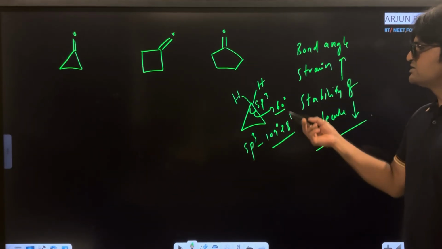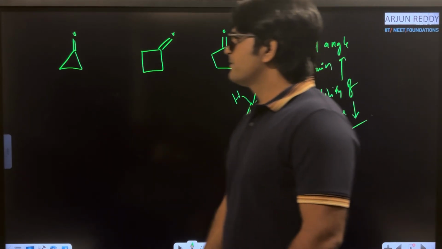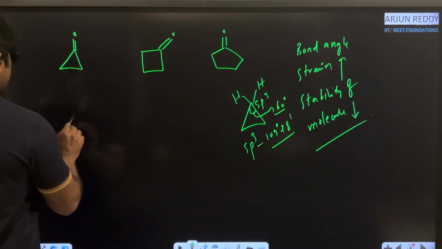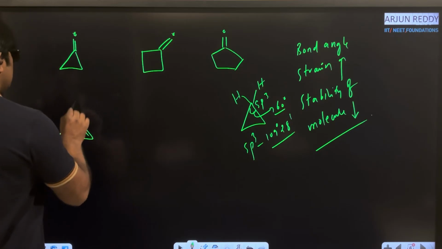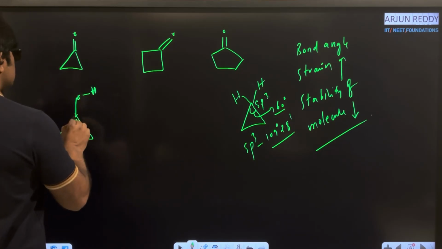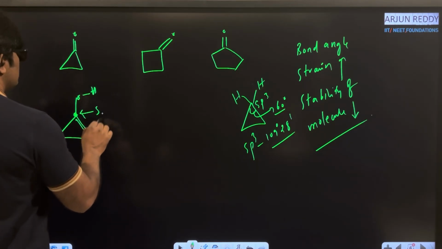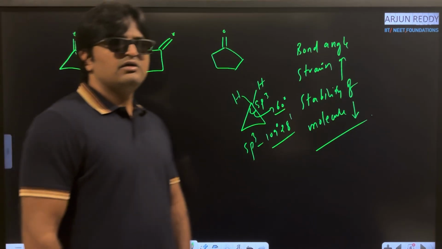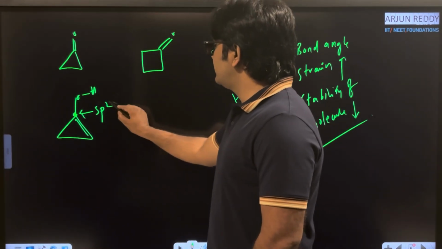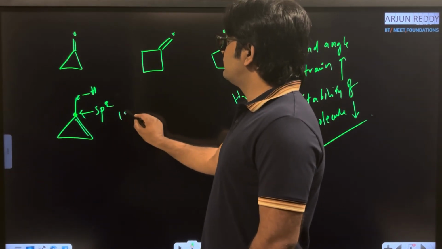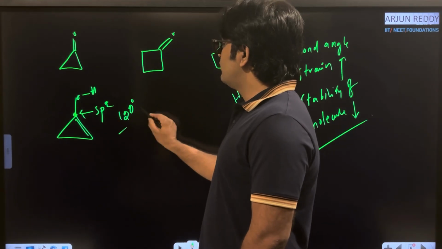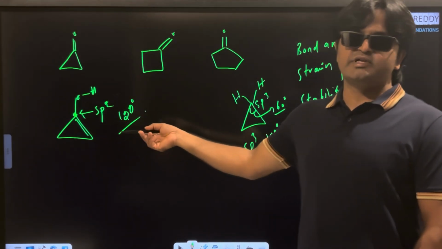That was for sp3 with 60 degrees. For example, if you are writing the enol form, what is the hybridization of this carbon atom? They are asking the question on the basis of enol content. sp2 hybridization. For sp2 hybridization, what is the required bond angle? Yes, 120 degrees. But is the required bond angle present or absent?